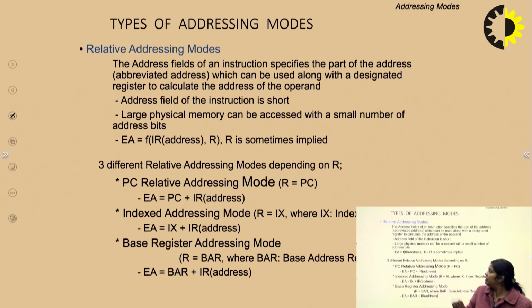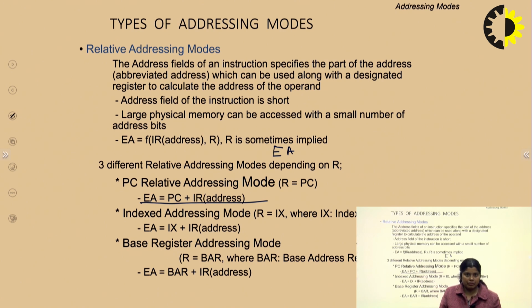In the relative addressing mode, the effective address is PC plus the address part of the instruction. PC is the program counter. And what is the program counter? It contains which particular instruction is going to execute next.